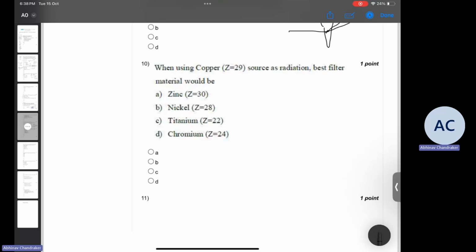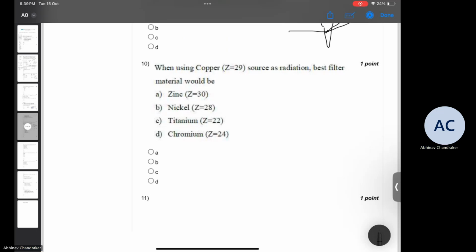So when we were studying about filter materials, we were studying related to the topic of absorption of X-rays, and we had seen that for every material we have a K alpha edge.